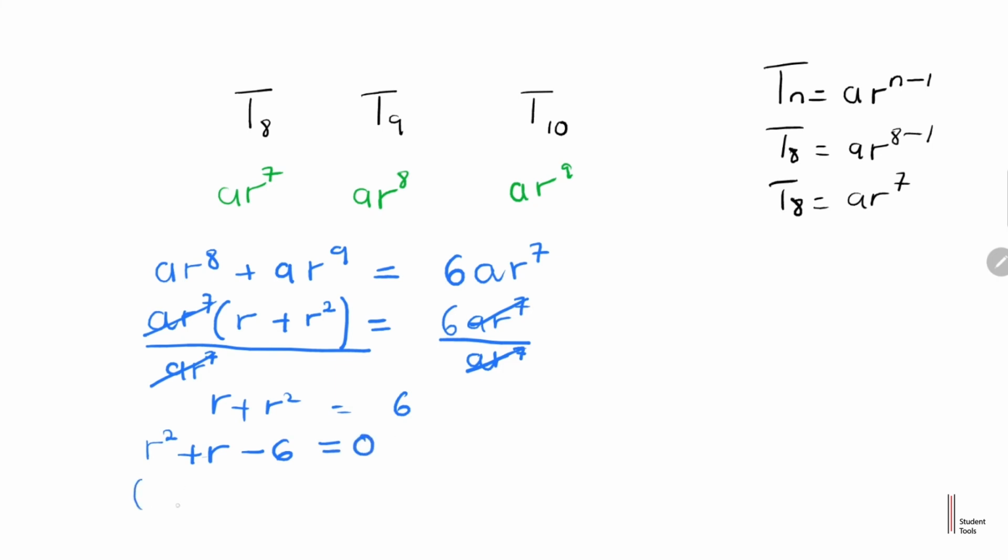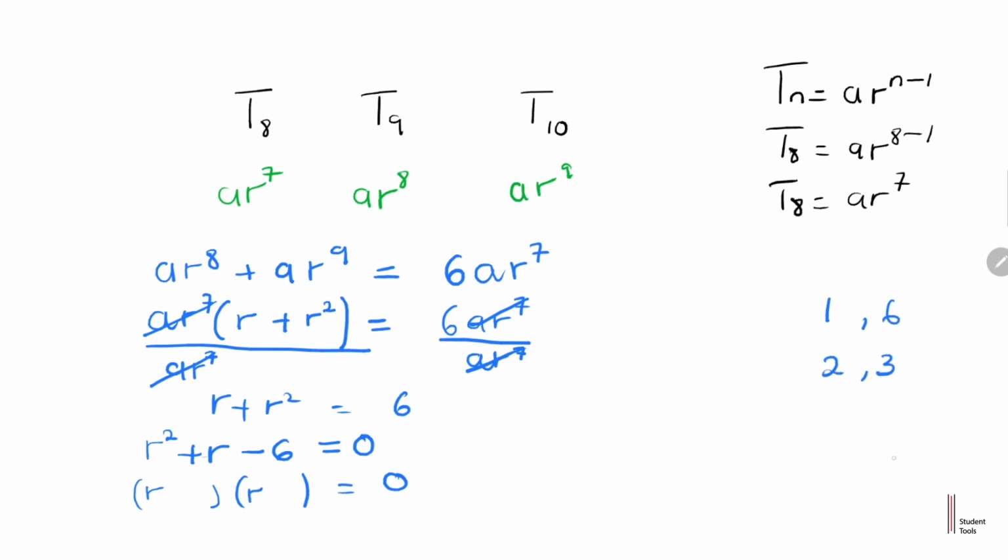And now we want to factorize. We have r here, and r here. And we want factors of 6 which, when multiplied, give us negative 6, but also give us positive 1 when we add those two factors together. We have factors of 1 and 6, 2 and 3.